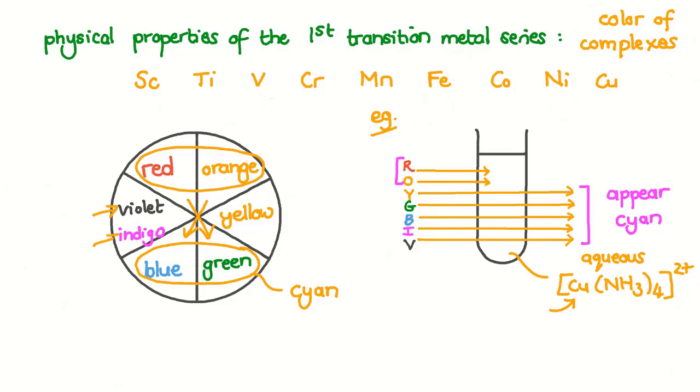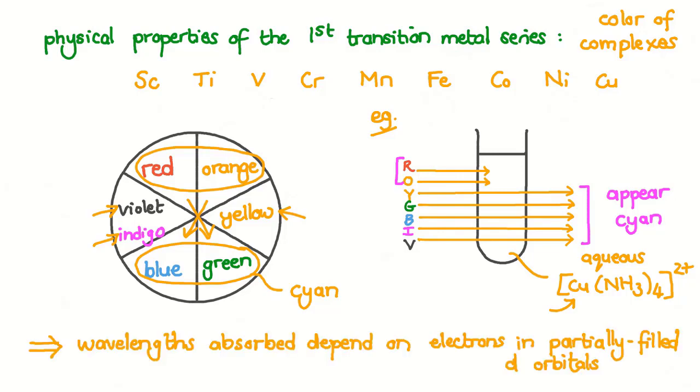Violet, indigo, and yellow wavelengths will be emerging too. This color wheel merely shows us what the solution will look like to the human eye. The particular wavelengths absorbed depend on the electrons in partially filled d orbitals. Further explanation of this is covered in another video.